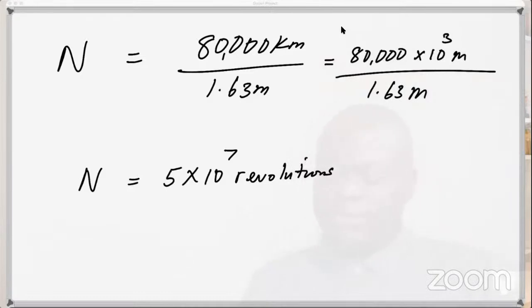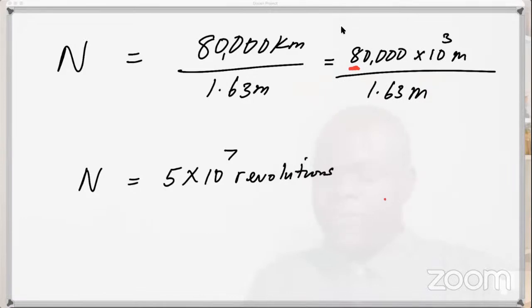If you look at 80,000, whenever there's no decimal place in a number, sometimes the trailing zeros are not significant, they're just placeholders. So this is technically one significant digit, and then the 1.63 has 3 significant digits. So your answer will have 1 significant digit, which is like 4.9, right? Is it 4.7?